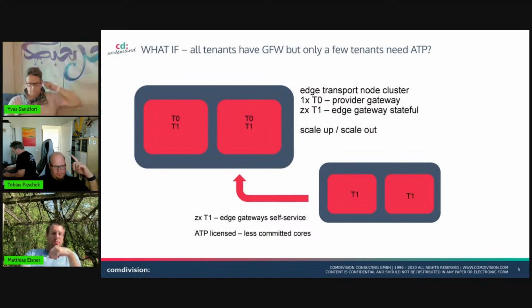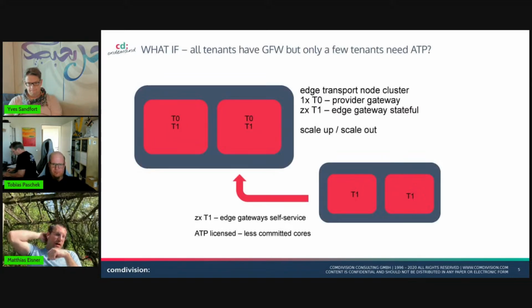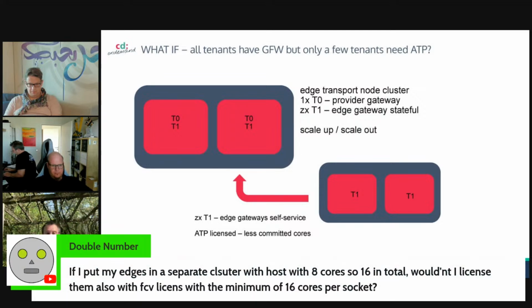So what you could do, because gateway IDS/IPS is bound to a T1, you can add a second edge transport node cluster, only hosting edge gateways with ATP licensed. So you need to commit fewer cores, if I put matches in a separate cluster with hosts with 8 cores.